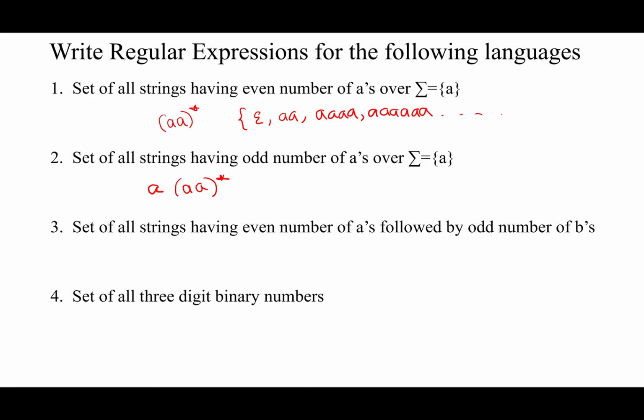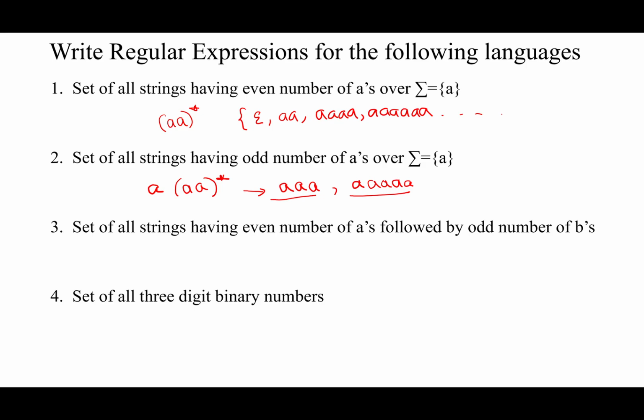If there is one instance, then the symbol is just A. Suppose there are 2 instances, then 4 more A's will come, so totally 5 A's. So it contains an odd number of A's.